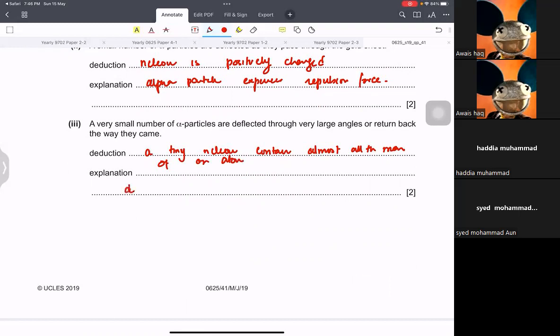So alpha particles must move away if they come directly in front. Okay, is it clear?